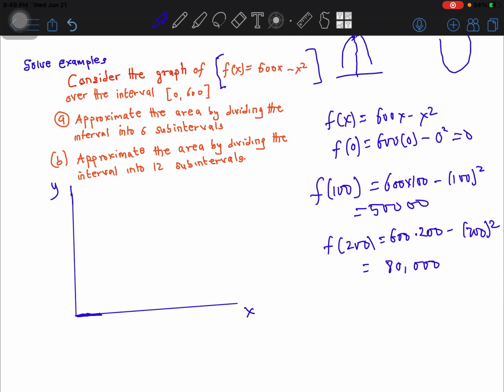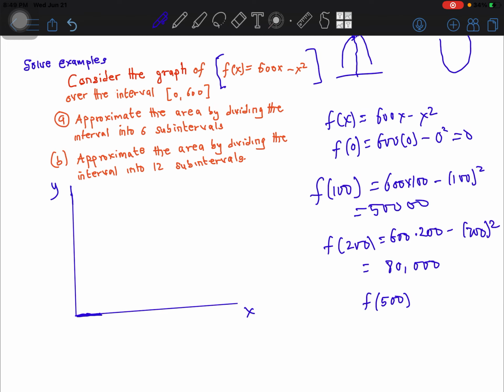And then you do it up to the last one, of which you are going to get f of 500. That is 100, 200, 300, 400, 500.